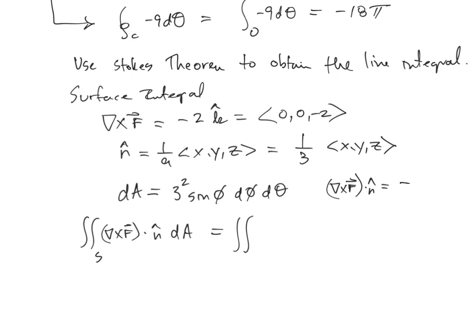So I get minus 2z over 3. That would be the dot product of those two vectors. I should have written that first. Okay? So that is this part here, minus 2z over 3, times dA, which we said was equal to 3 squared sine phi d theta.